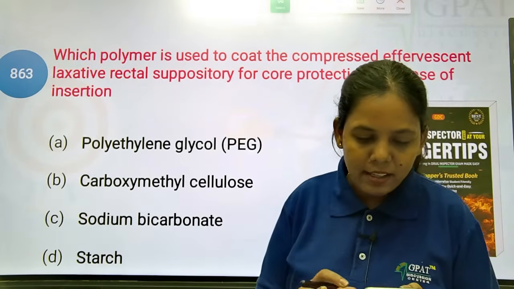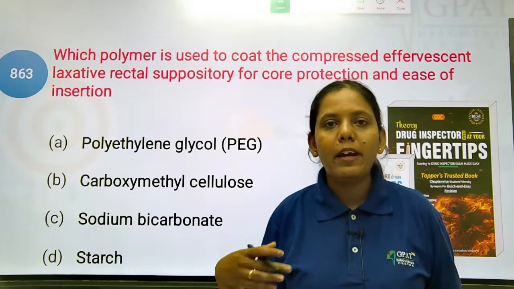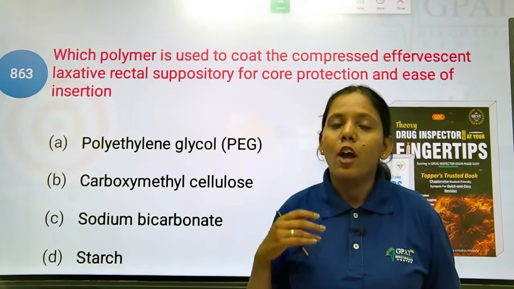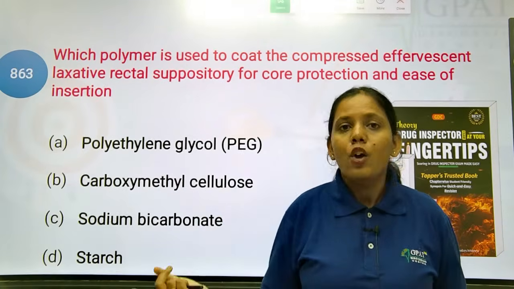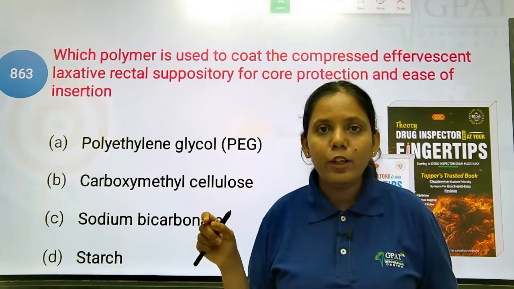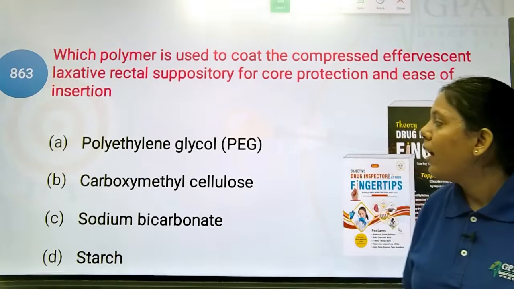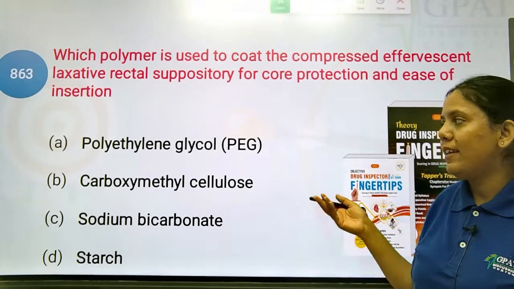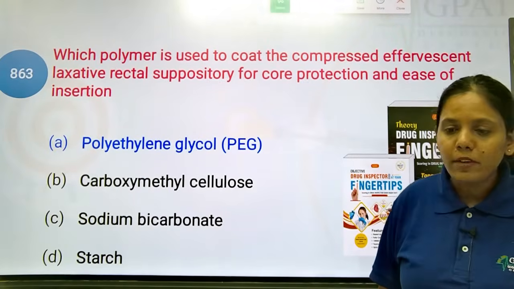First is that it should give protection from external environment and for smooth insertion, right? So definitely we will give a coating that can give hydrophilic nature, so that when it is inserted into the rectal or the fluid which is present, it will get dissolved, right? So out of this, which one is there? Hydrophilic, that is your polyethylene glycol. Option A is the right answer.